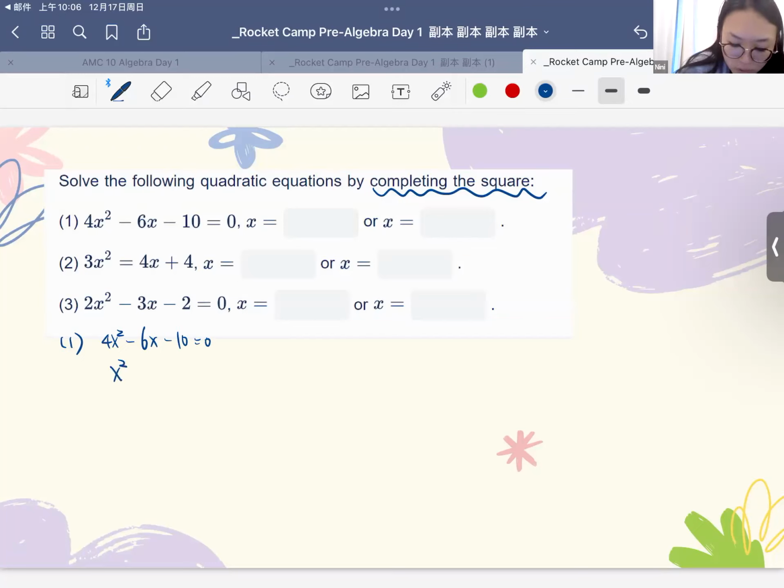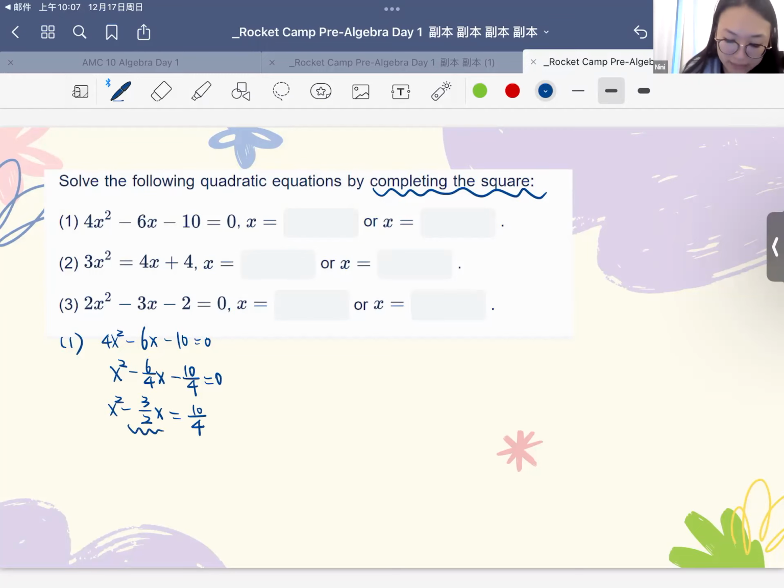So what do we have? We have x squared minus 6 divided by 4x, and then minus 10 divided by 4 equals to 0. And after doing the simplification, we get this part, okay? So equals to 10 divided by 4. And then actually we know that to complete the square, we need to have a perfect square here.